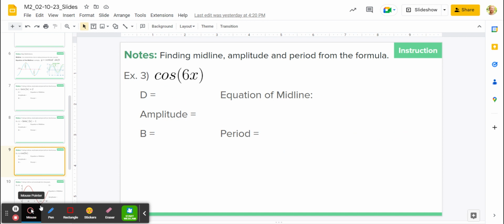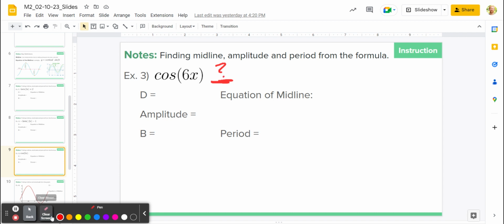And finally, let's do one that gets a little trickier. We have the cosine of 6x. In this one here, you'll notice that there is no plus or minus d coefficient out at the end here. So yesterday we saw that when the variables weren't there, we assumed that they were equal to 1.